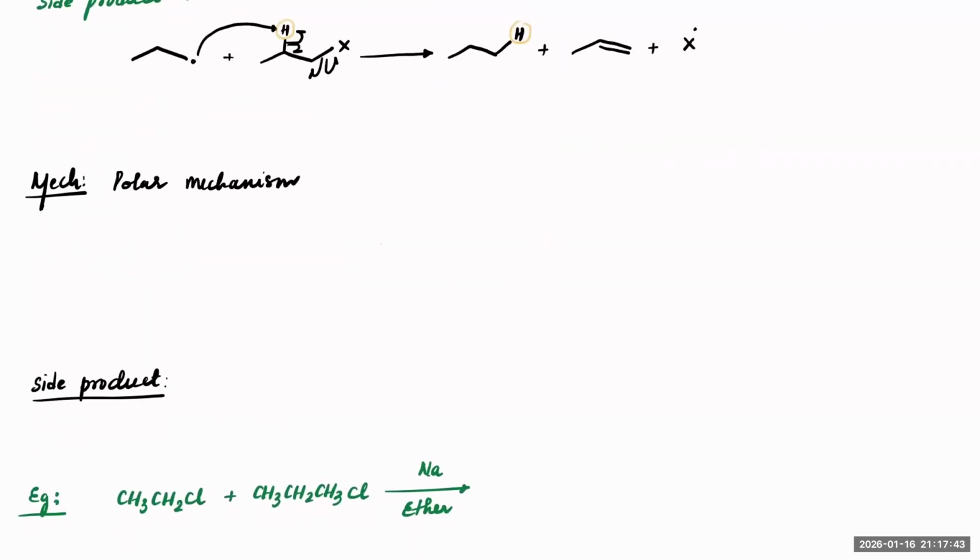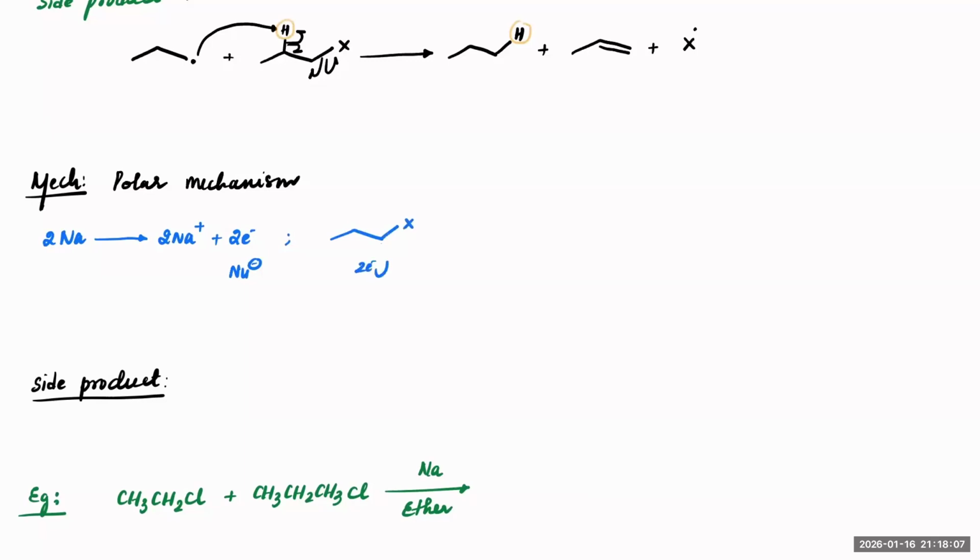See, in the polar mechanism, you can assume that I started off with 2 moles of sodium, which in solution are becoming 2 Na plus and 2 electrons. The 2 electrons as a pair, you can imagine, can act like a strong nucleophile. Now, that can attack the alkyl halide more easily.